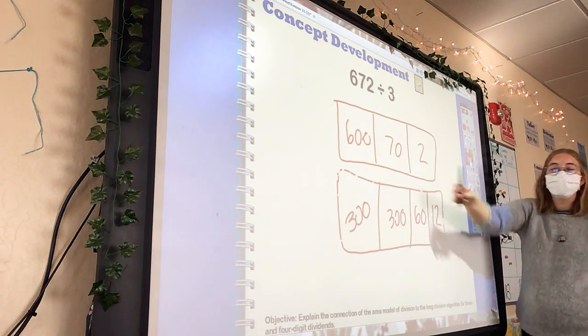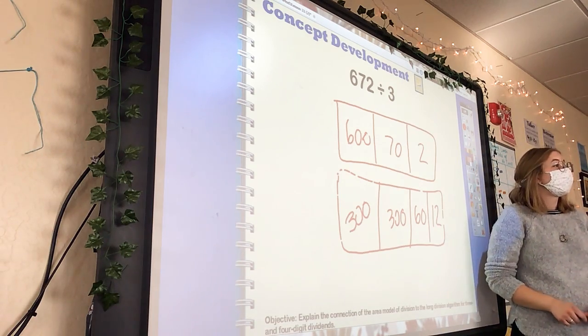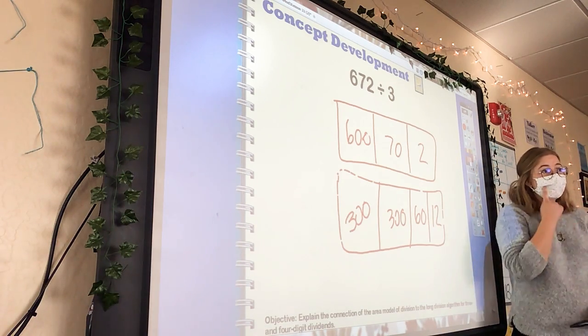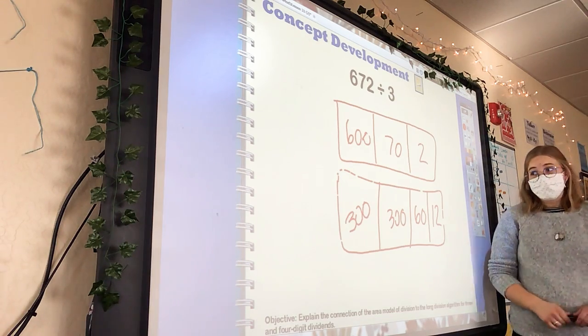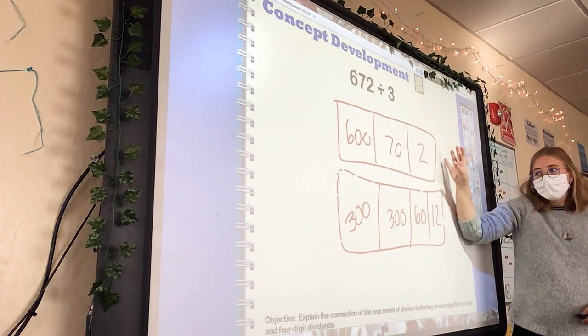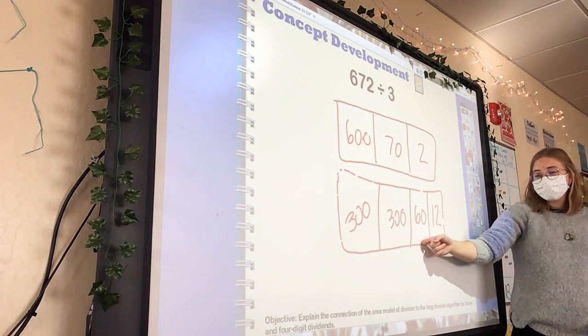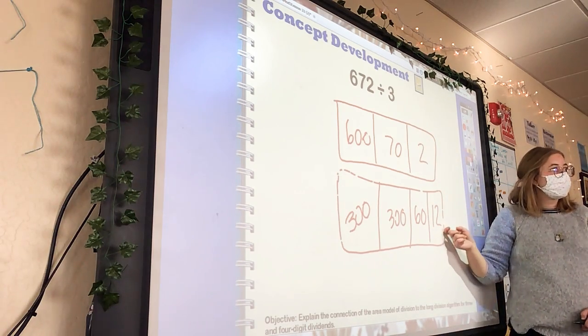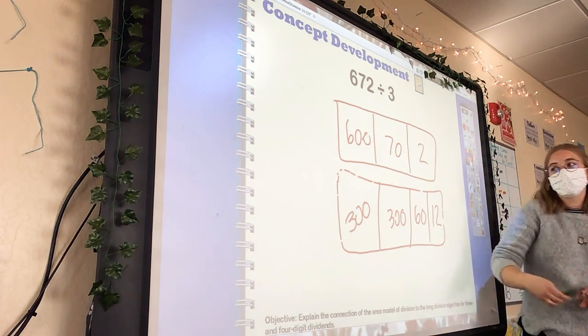So I took 10 away from the 70 and put it with the 2. I took 10 away and moved it over to the ones place. So that gave me 60 in the tens place, 12 in the ones place. So everybody see that? Okay. Because I know that 12 is easily divisible by 3.